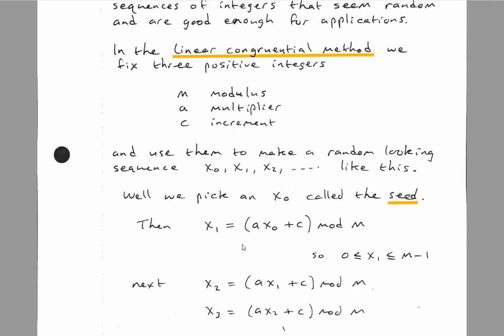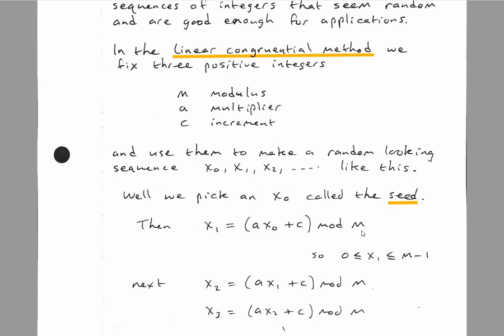How does it work? We picked some x sub 0, so we calculate a times x sub 0 plus c. The seed gets multiplied by a, the multiplier, and increased by c, the increment.